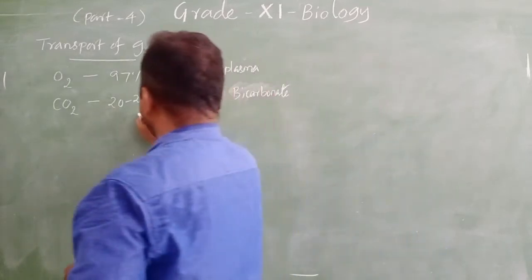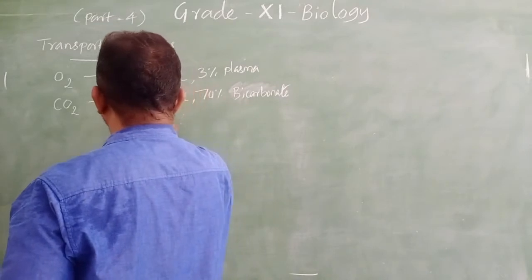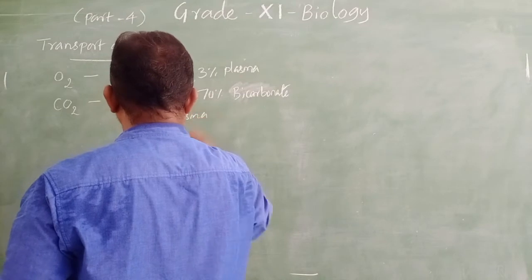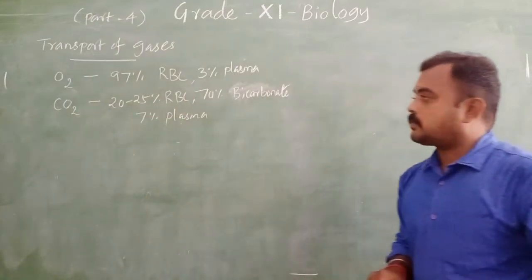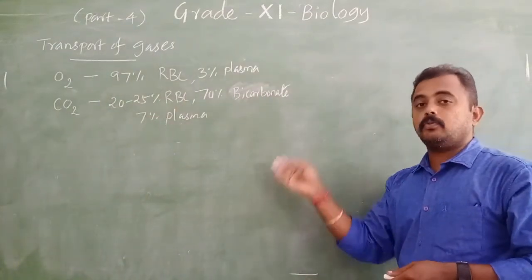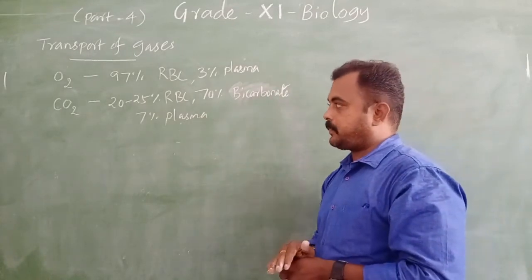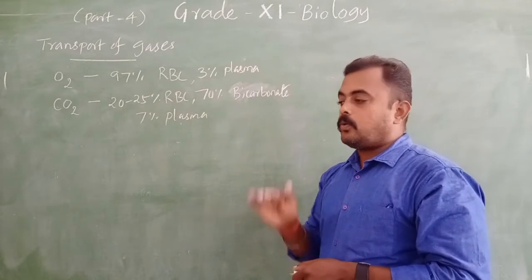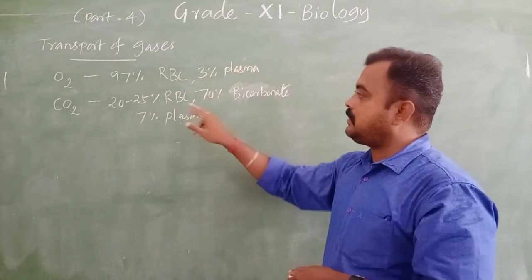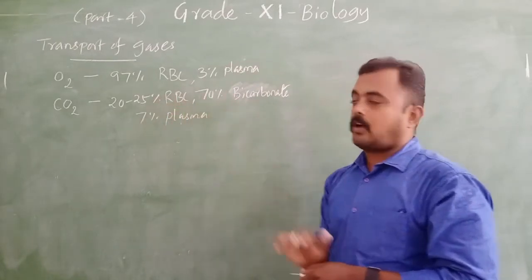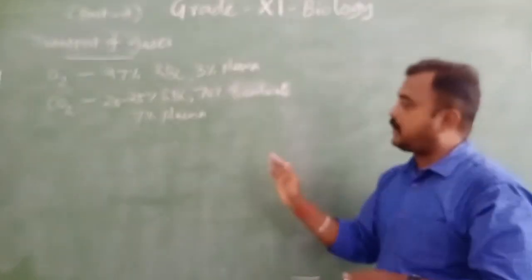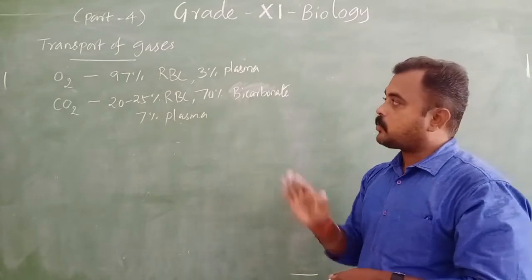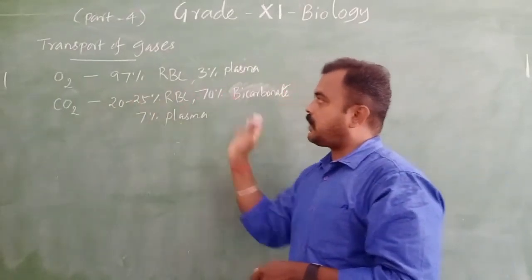The remaining 7% is transported by plasma. So from the tissue to the alveoli, the carbon dioxide is transported. Who is going to transport? That means 20 to 25% by RBC, 70% as bicarbonate, 7% by plasma. So by that the transportation happens.